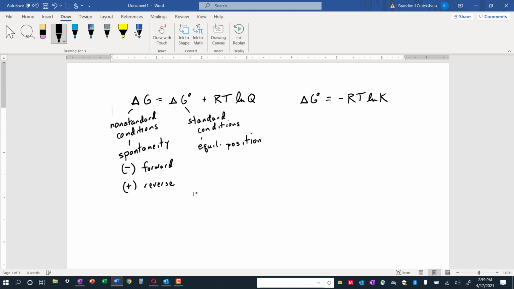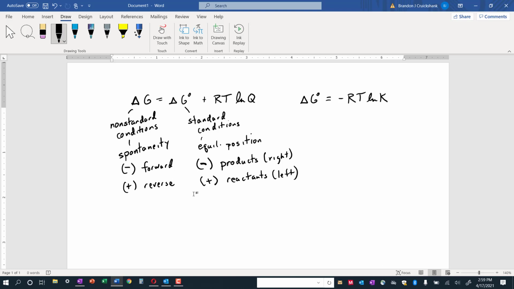When that system gets to equilibrium, will the equilibrium lie to the left, toward reactants, or to the right, toward products? The sign convention should make sense. Negative, equilibrium lies to the right, or to products. Positive, equilibrium lies to the left, or toward reactants. We've already done this, but it's always good to review.